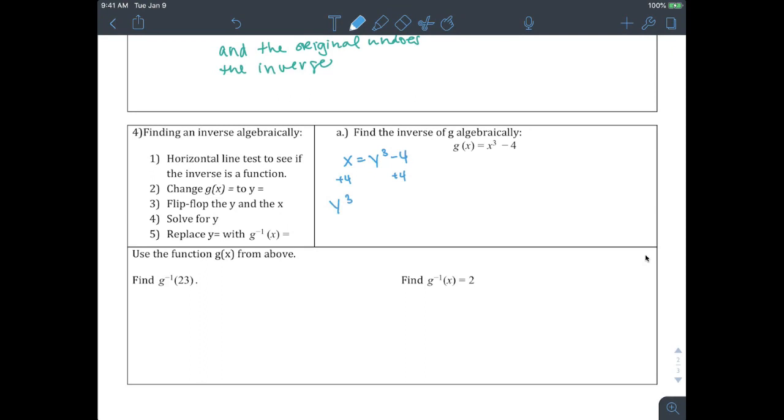So y cubed is equal to x plus 4, cube root, or so we get y is equal to the cube root of x plus 4, or we can say x plus 4 to the 1/3 power. And that's that. Oh, we got to replace. If this is a function, we get to replace this with our function notation. G inverse of x is equal to x plus 4 to the 1/3 power.